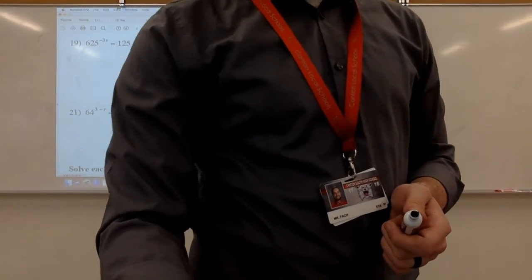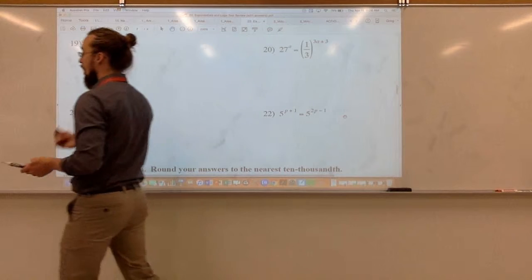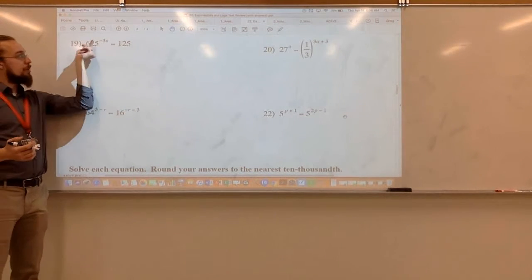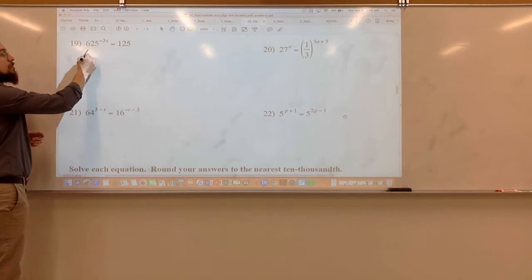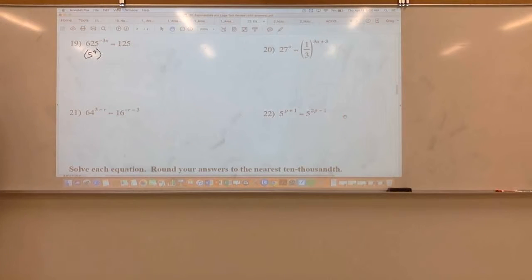And so on 19, I need to rewrite both sides with the same base, right? Hopefully we can recognize that 625 and 125 are both powers of 5. So I can rewrite 625 as 5 to the 4th power, and I don't expect you to just know that off the top of your head.